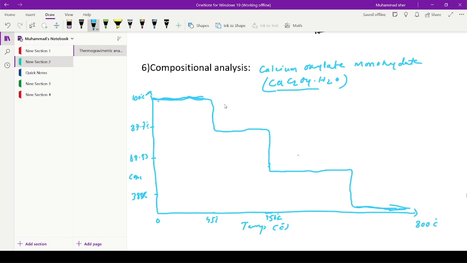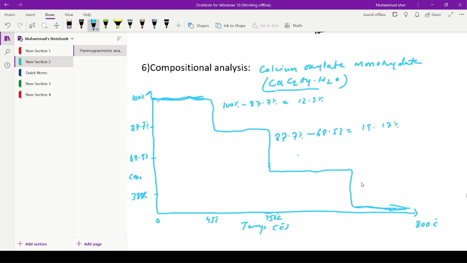The very first step is to find the difference between the higher and lower value. Our higher value of concentration is 100, and for this curve the lower value is 87.7%, so the difference is 12.3%, and this loss has occurred at this stage. For the next step the higher value is 87.7% and the lower value is 68.53%, so the loss is 19.17%.